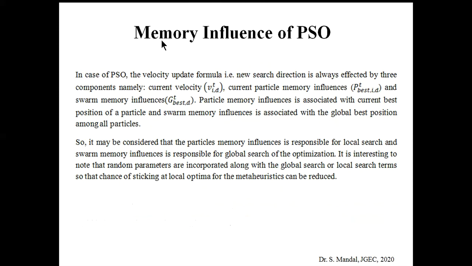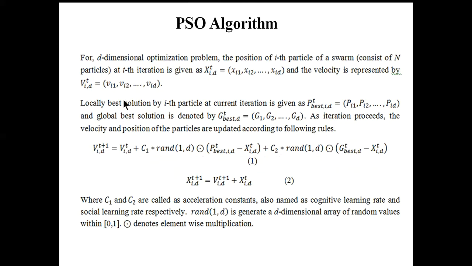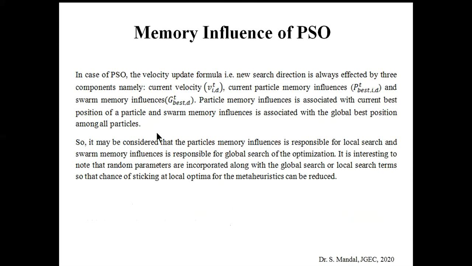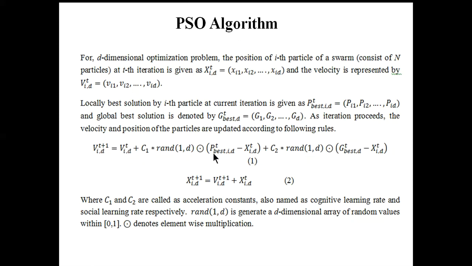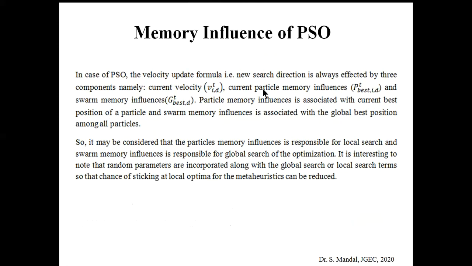Now we'll discuss the memory influence of PSO. You can see that in the velocity update formula, the new search direction is always affected by three components. First one, v_id(t), that means the previous experience or current velocity. Next, pbest_id(t), that means the current particle memory influence.